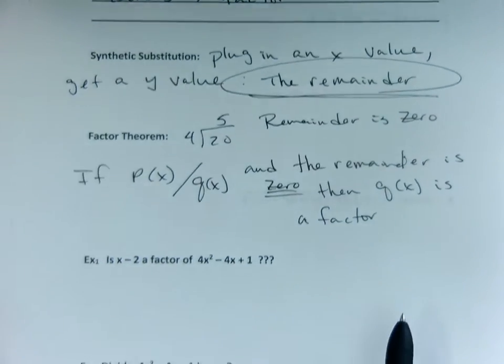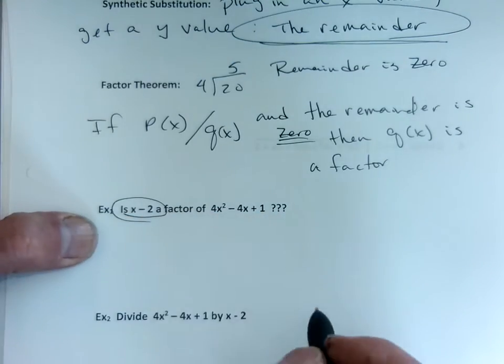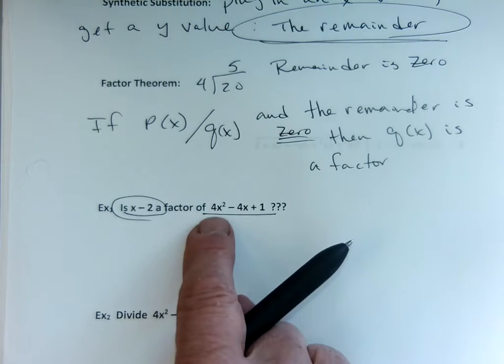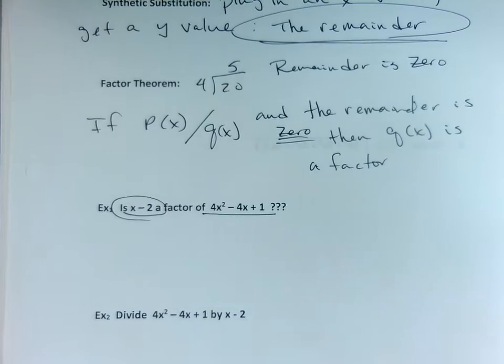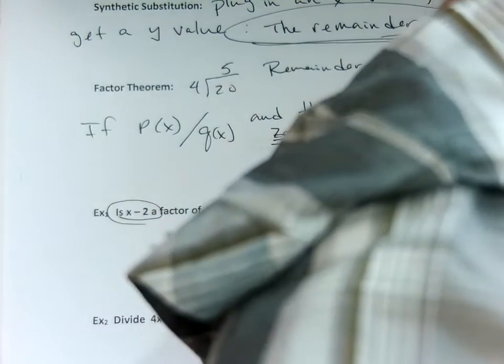So, example 1. Is x minus 2 a factor of 4x squared minus 4x plus 1? Well, there's 3 ways to do this. I just want you to watch. Don't write this down.